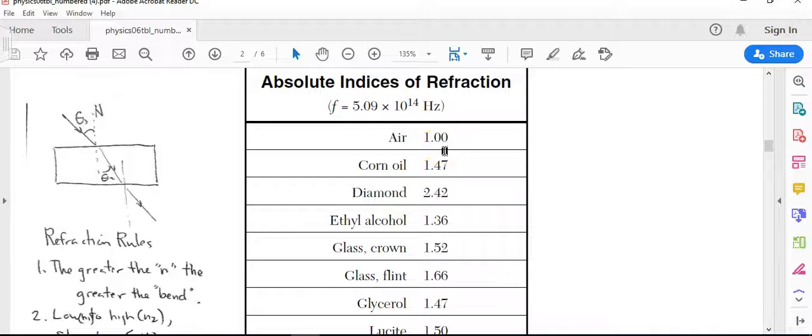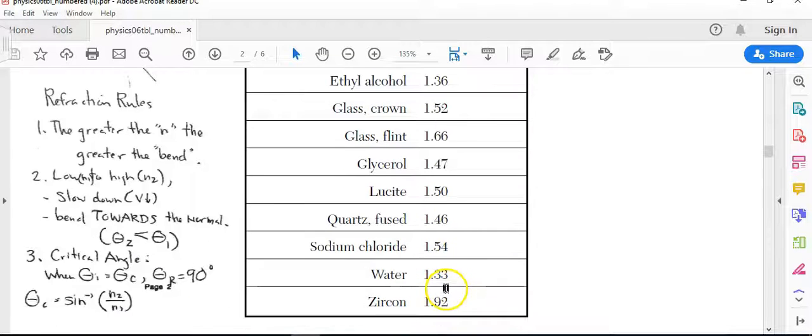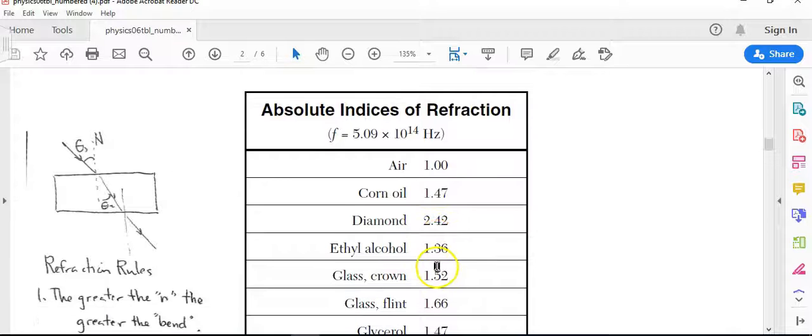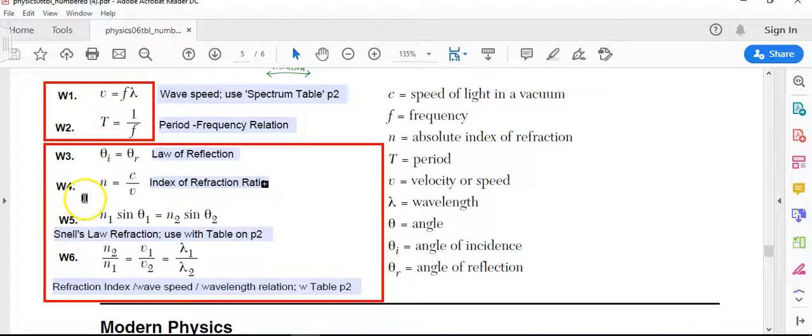All numbers will be greater than 1 because it will show the ratio n equals c divided by v, which is equation W4. The ratio of the speed of light to the speed of light in that material is where the letter n is derived from.